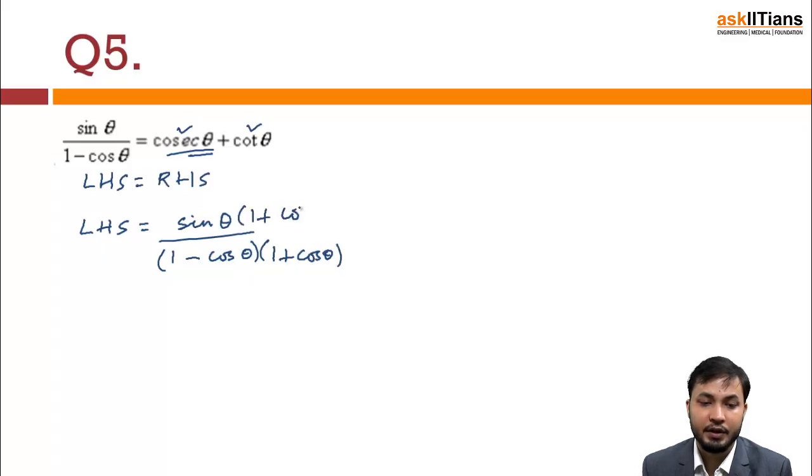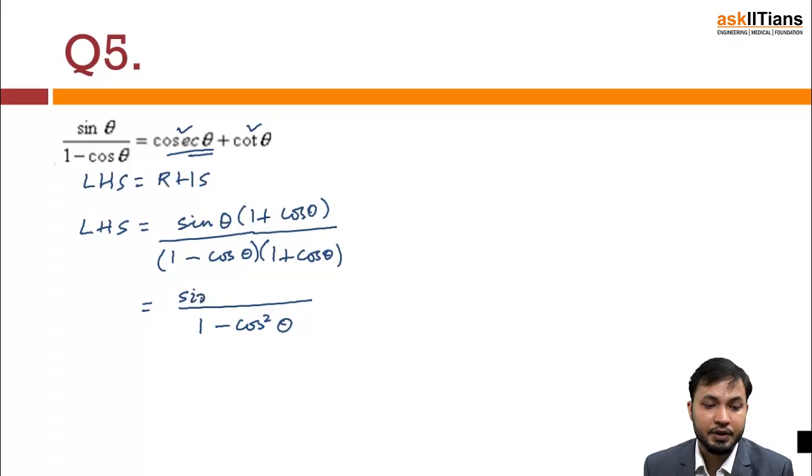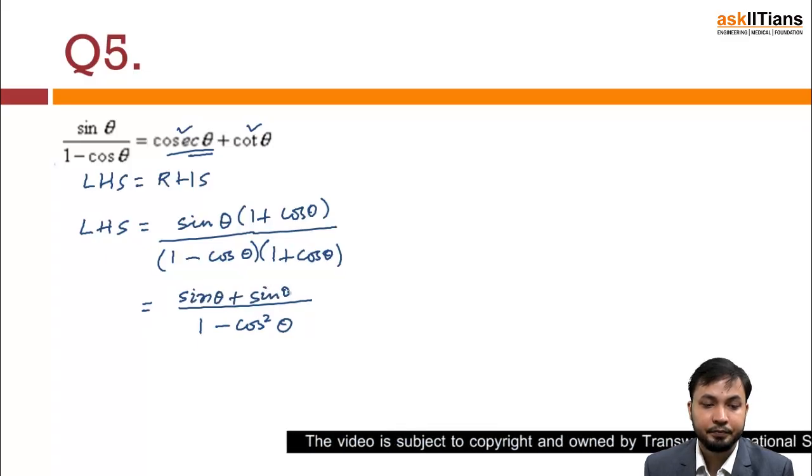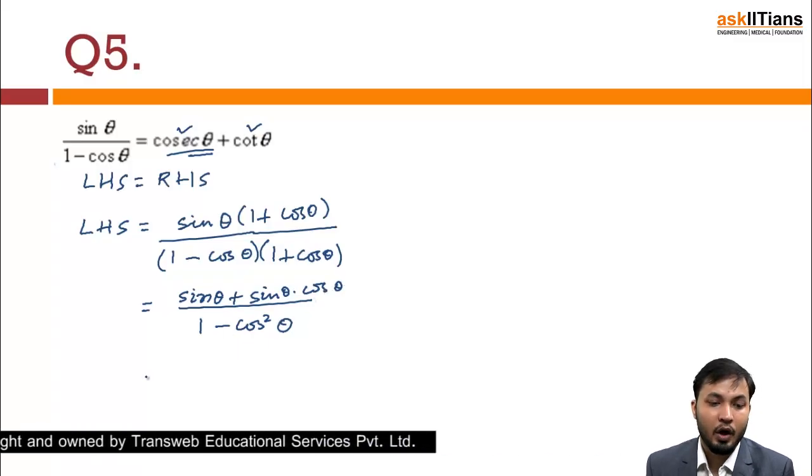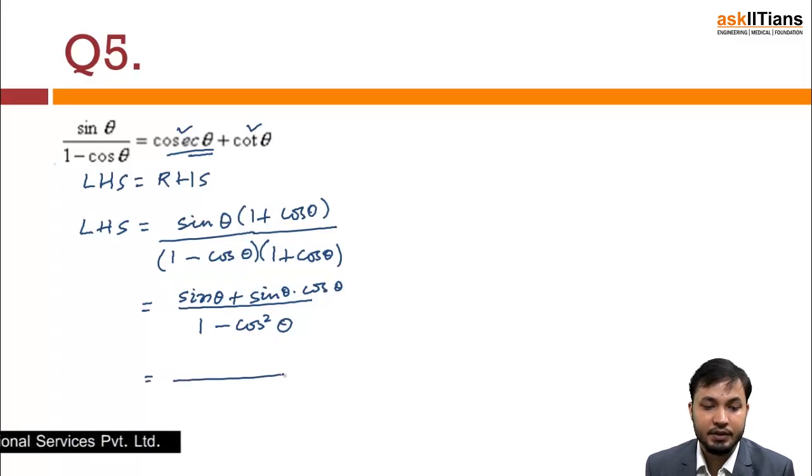Rationalizing the denominator gives me this. In the denominator I have 1 minus cos square theta, A minus B, A plus B form, right? And the numerator becomes sine theta plus sine theta cos theta. Now I know that the denominator is sine square theta, from the first identity.